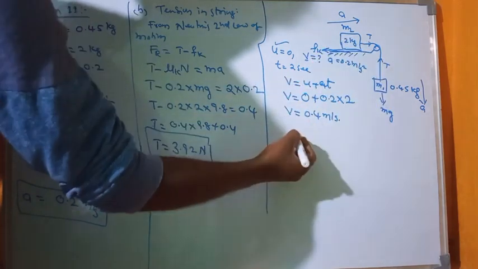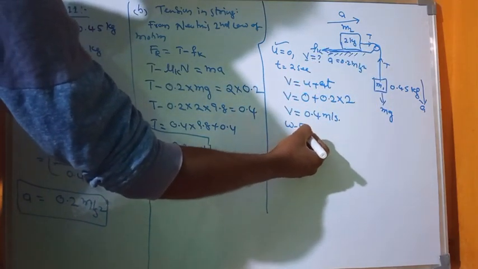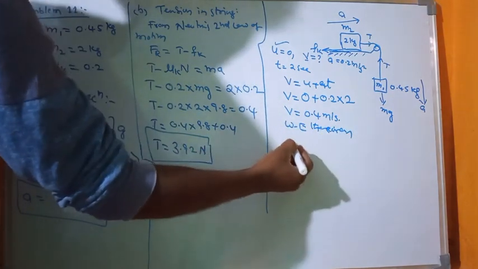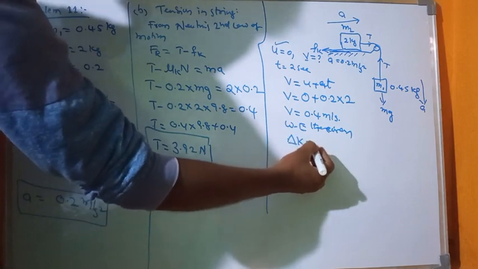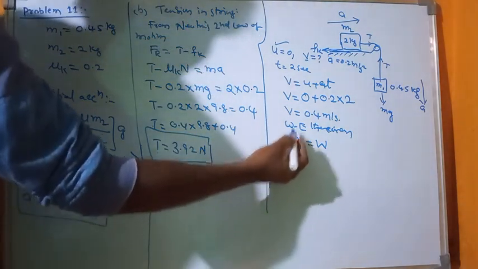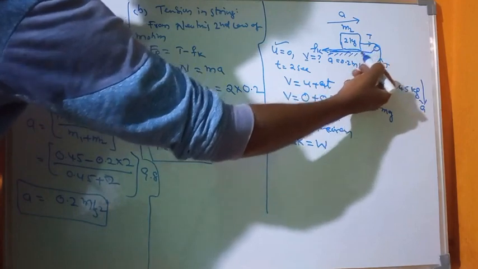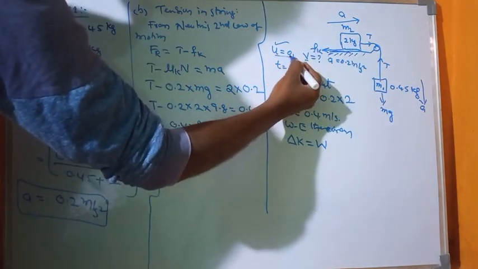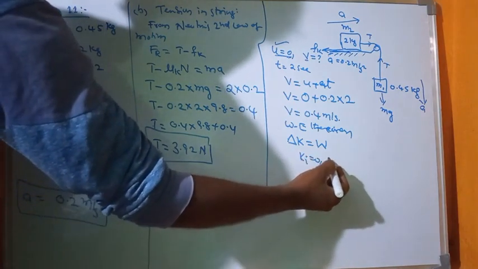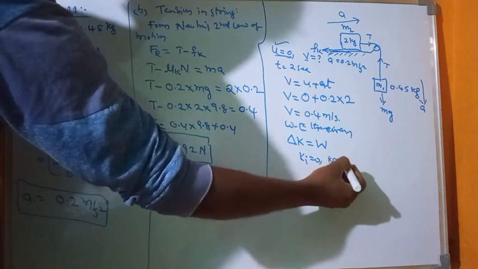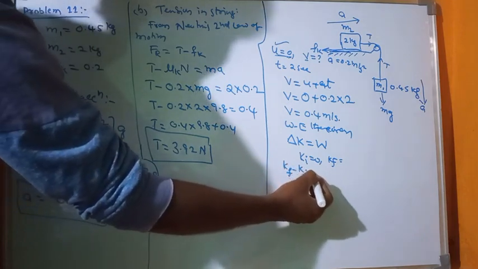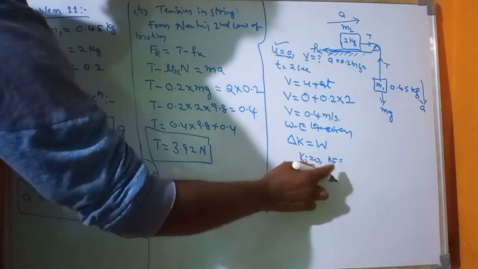So according to the work energy theorem, delta K is equal to W. Initially it has 0 velocity, so initial kinetic energy Ki is equal to 0, and Kf is something. So I'm writing here, Kf minus Ki is equal to W.